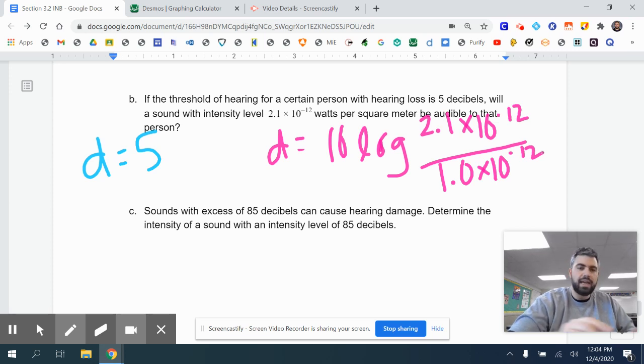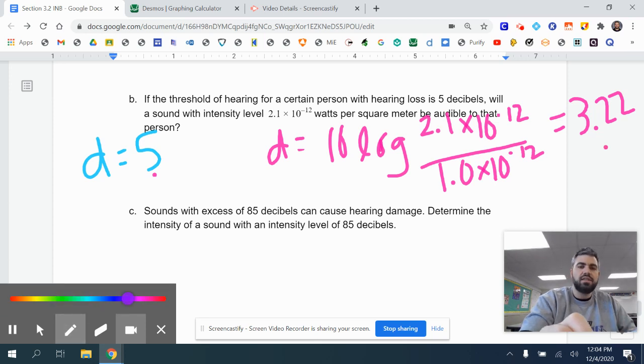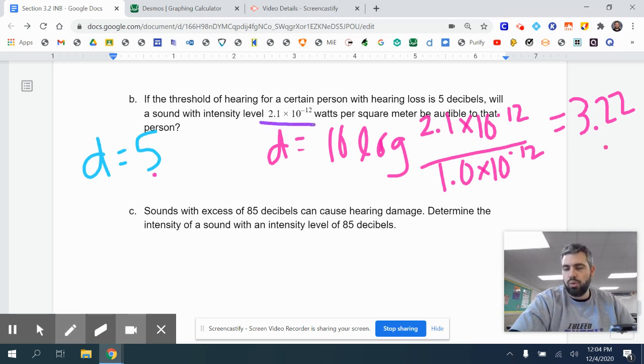When I do that, I get a value of D of 3.22. So is 5 smaller than 3.22? The answer is no. So a sound at this level would not be audible to someone with hearing loss.